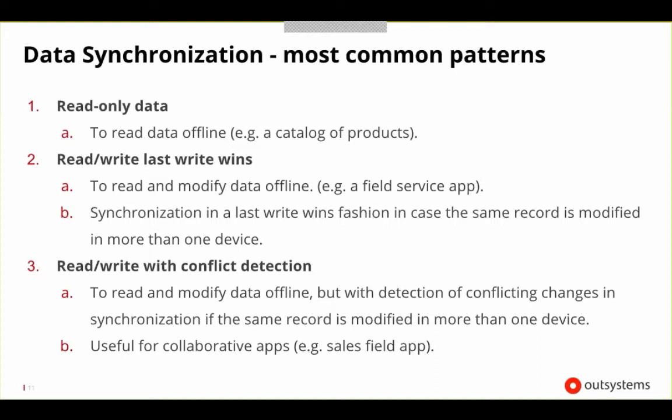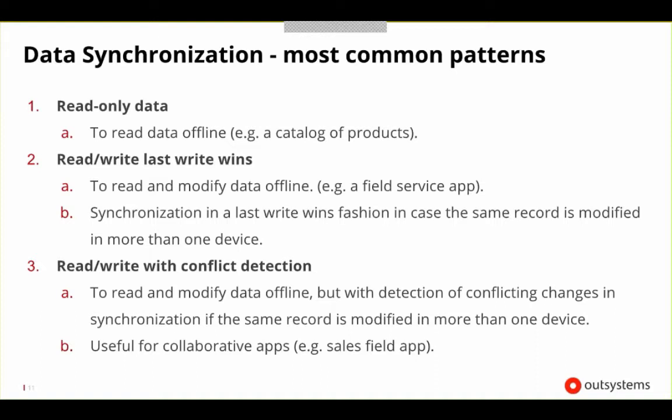And so you have two choices. You either use a simpler pattern, which is last write wins. So imagine if there are two persons doing modifications on different pieces of data. You don't have to care about any conflict because there won't be any.